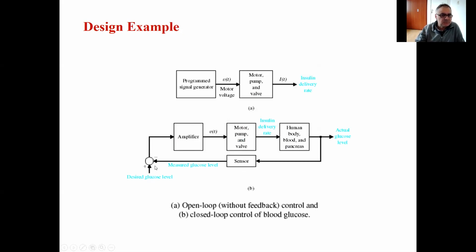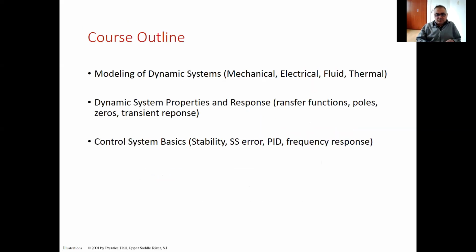The desired glucose level is compared with the measured glucose level, and then an amplifier drives the motor pump and valve, which sends insulin to the body. As I said, this is a difficult control problem because it has to be very precise, but it is doable and it is being done. These are the examples I wanted to give you.